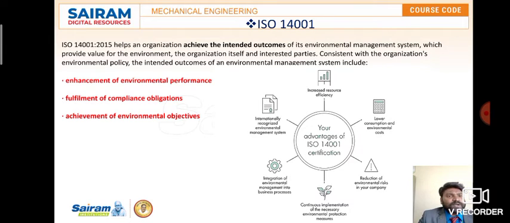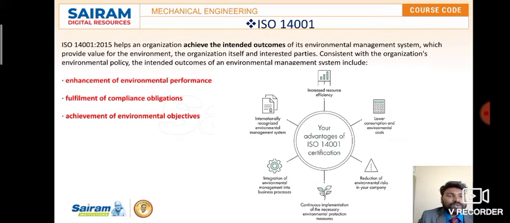And then next what you are going to see is what are the advantages that we are going to see through this certification. The first one is increased resource efficiency, and lower consumption and environmental goals, and reduction of environmental risks in your company, and continuous implementation of the necessary environmental protection measures, and then integration of environmental management into business processes, and an internationally recognized environmental management system.